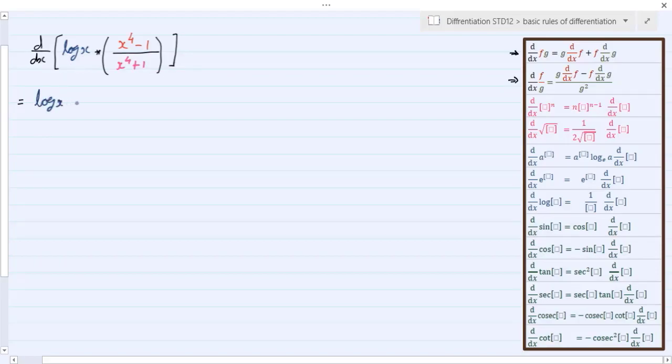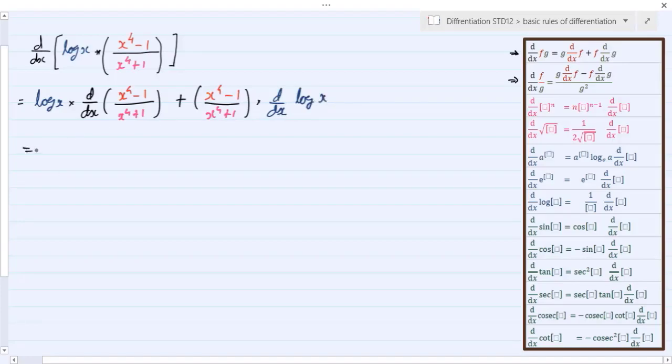So let's do this. Let's apply the multiplication rule. Your log x will be as it is. We have to differentiate your second term, which is x raised to 4 minus 1 upon x raised to 4 plus 1, plus your second term will be as it is into differentiation of the first term, which is log x. So let's simplify. In the first term, your log x is as it is, and to get differentiation of the second term, you have to use the division rule, in which your x raised to 4 plus 1 will be as it is.